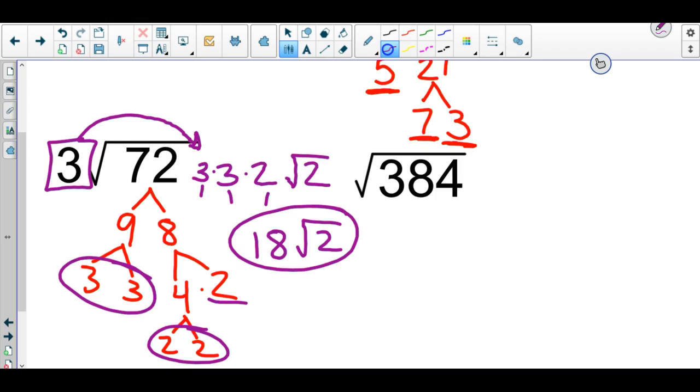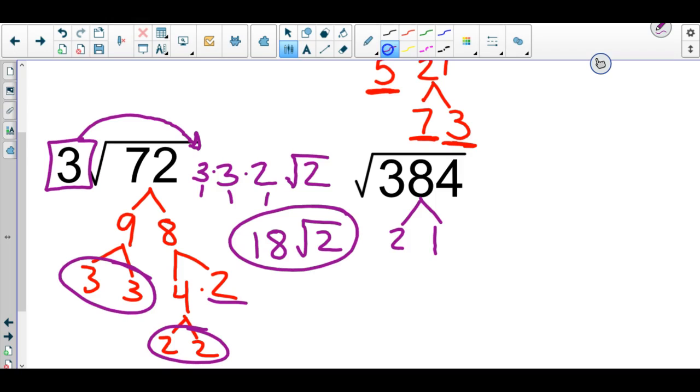One more. 384, this is a big one. 2 times, let's see, half of 384. What's half of 384?